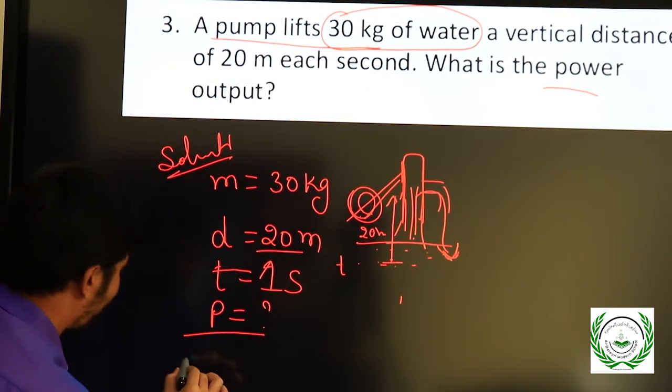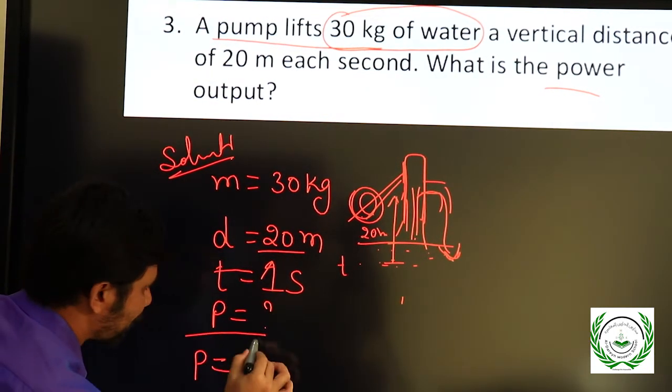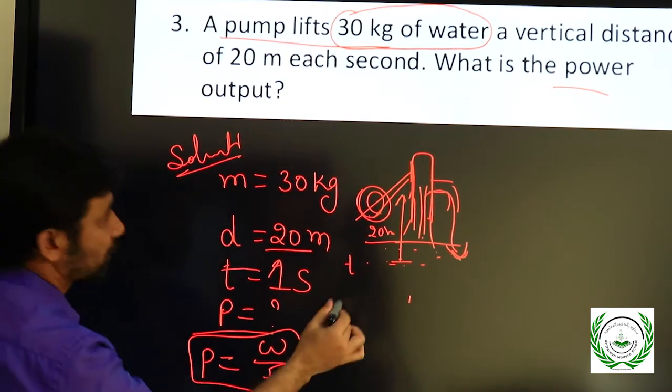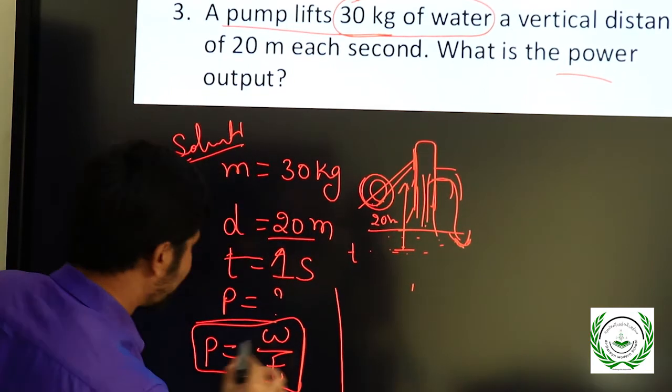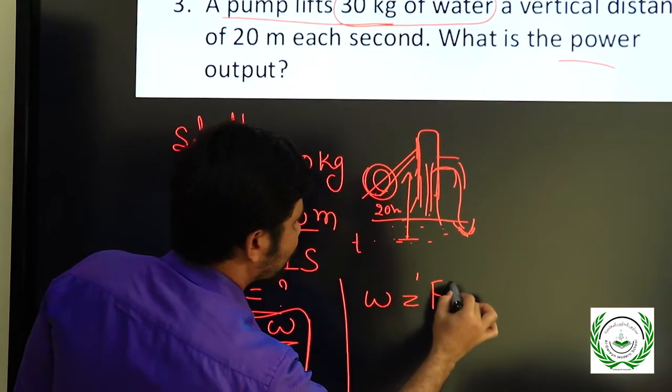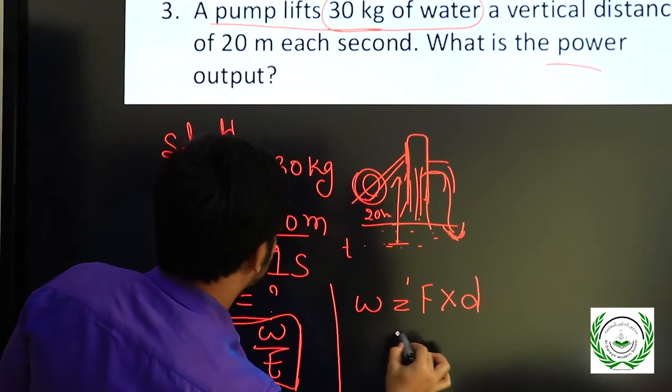So what is the formula for the power? P equals W by T. Right? Now, what is W? W is nothing but force times displacement.